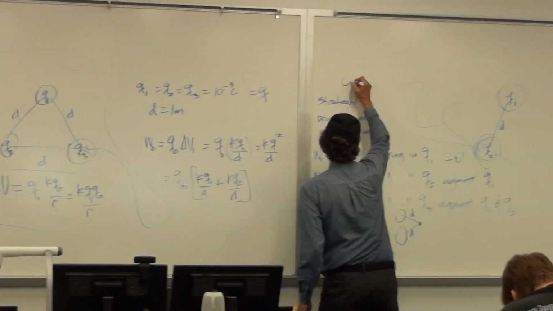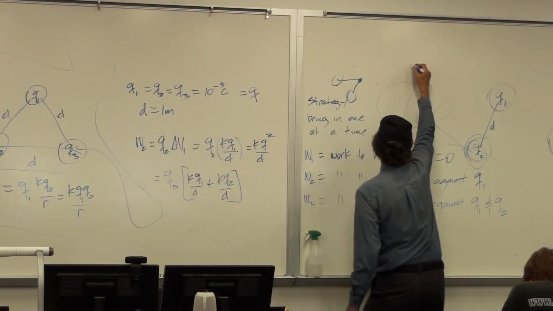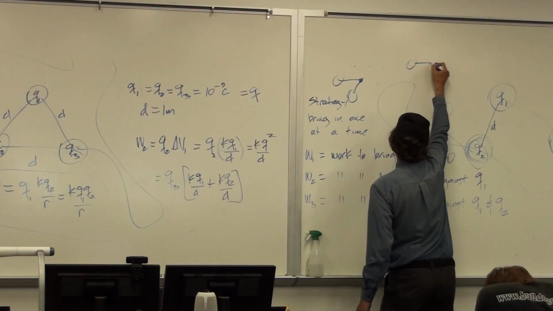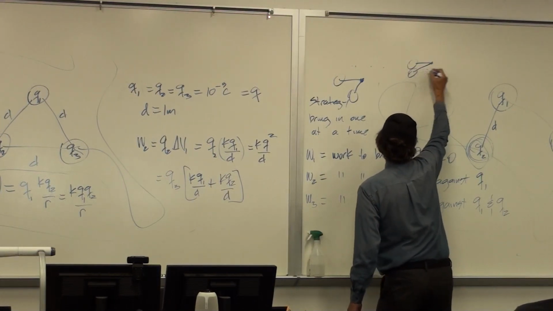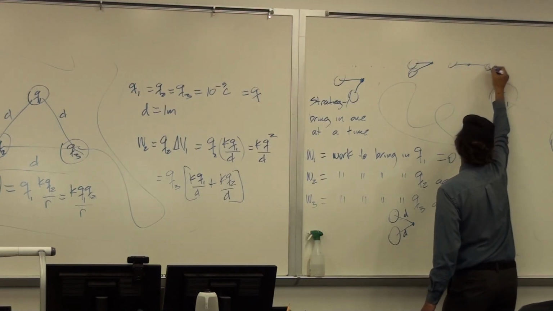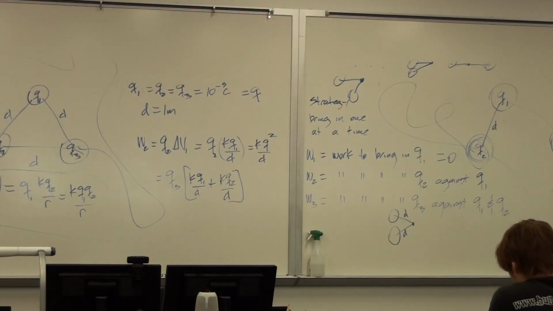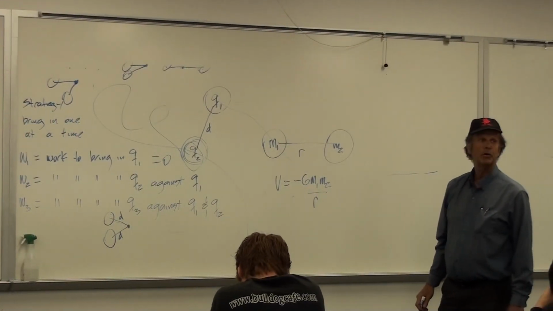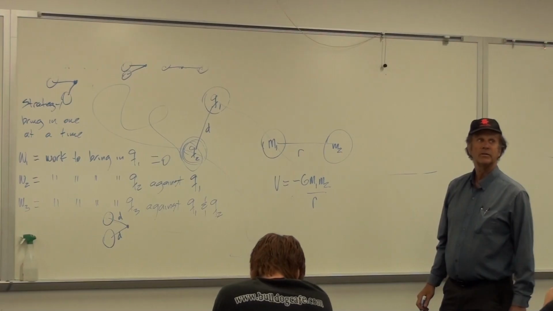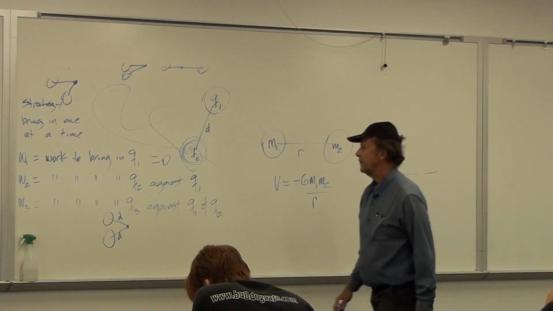So this is the same voltage as this is. That's the same voltage as this is. As long as they're the same charges, in each case, all of those have the same voltage at that point. Because you don't have any components to worry about. It's just a scalar quantity.